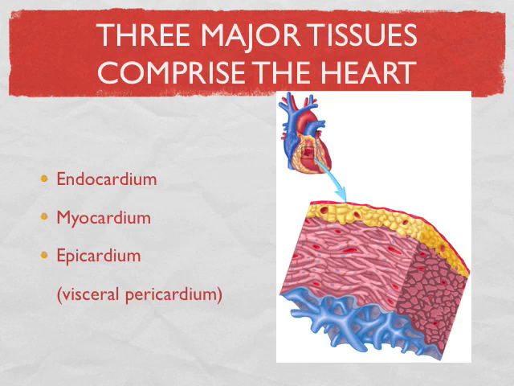This is exactly the same stuff as the endothelium of the blood vessels. Right? Remember, every blood vessel has an inner lining, very slick, very smooth. We call it the endothelium. Endothelium and endocardium are exactly the same thing. It's just if I find it in the heart, I call it endocardium. If I find it in a blood vessel, I call it endothelium.